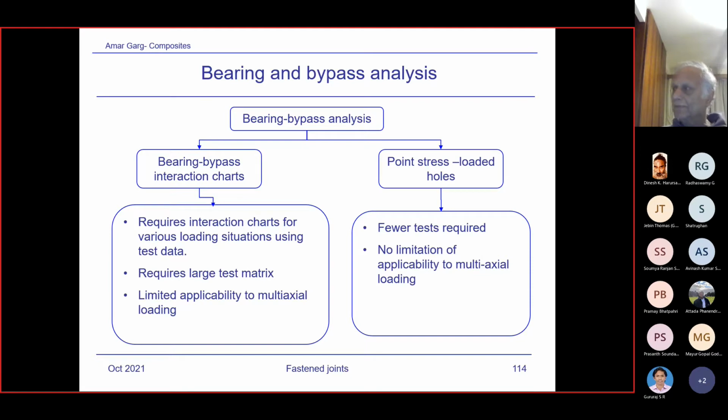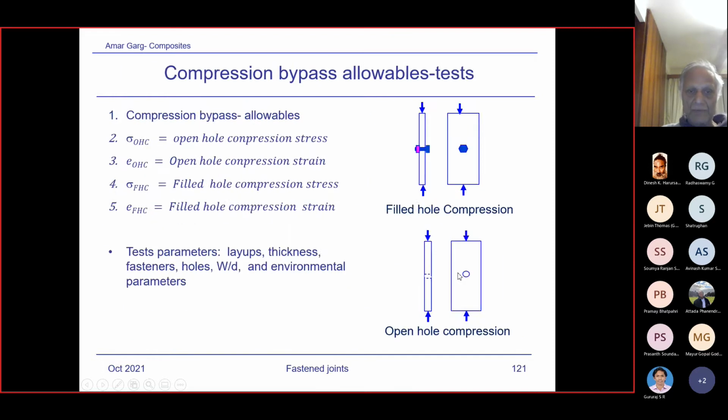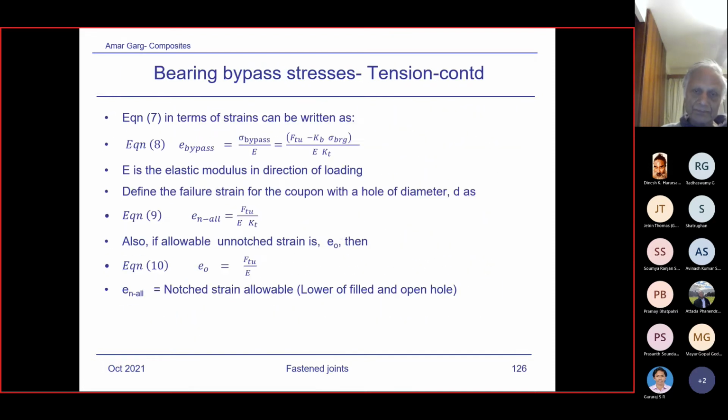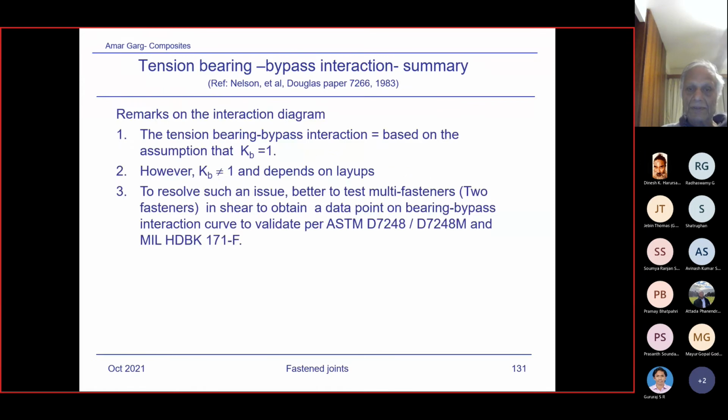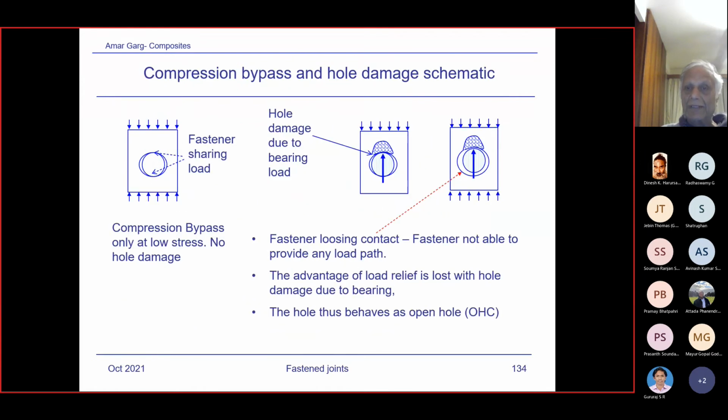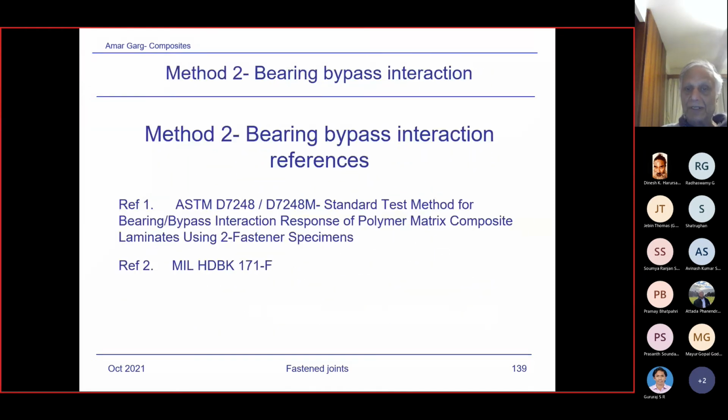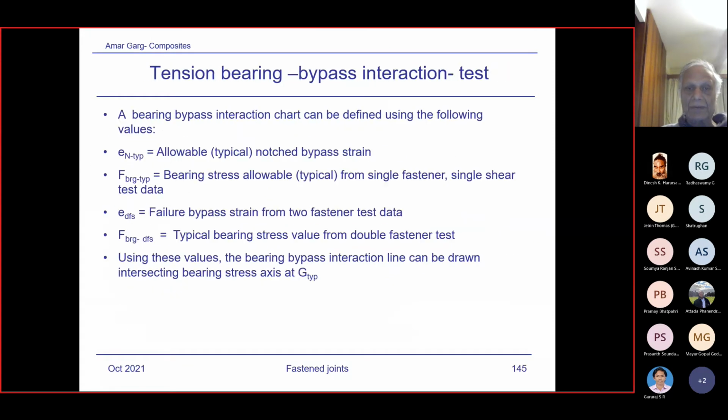Any type of loading scenario you can consider. And that is why this is much better to follow. So I'll just provide some guidance to that. As I can't derive the equations, they are not easy to derive, but I've given the reference here.